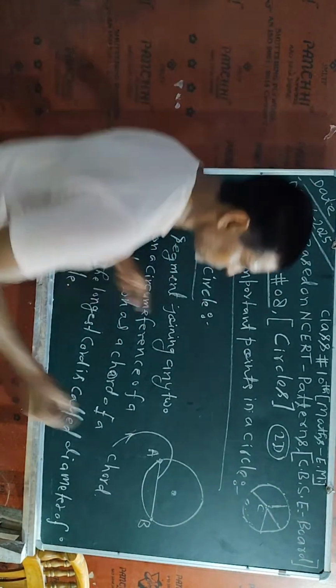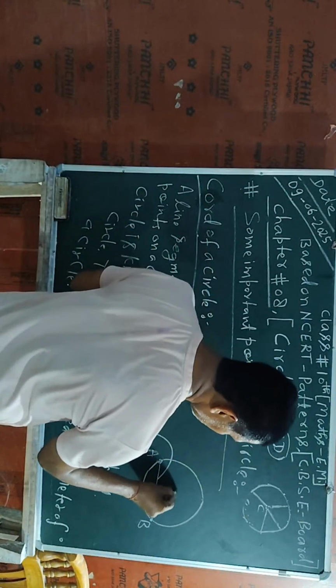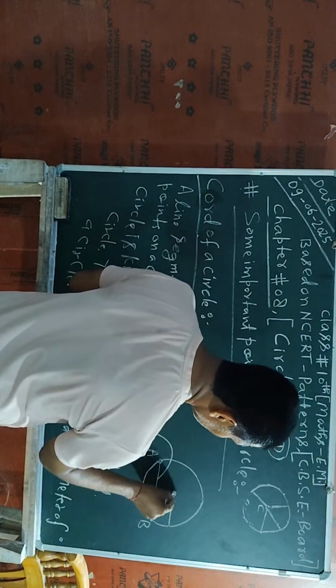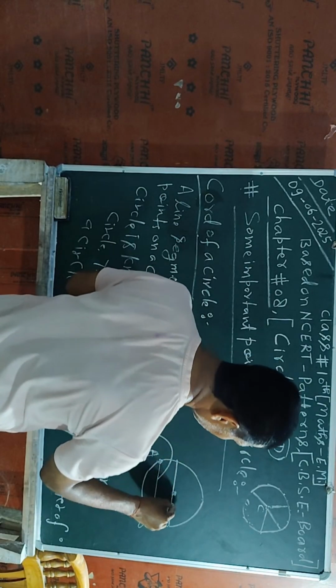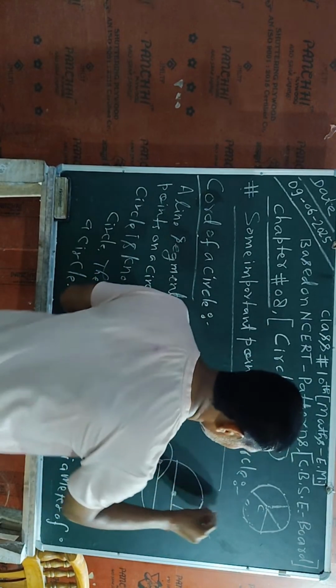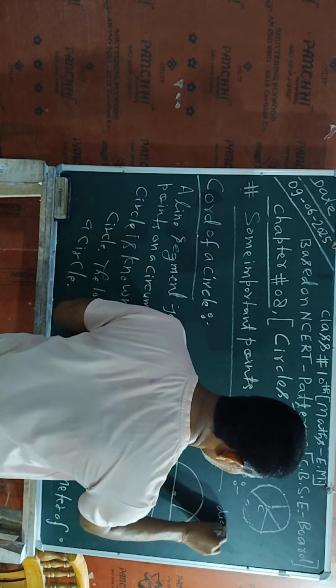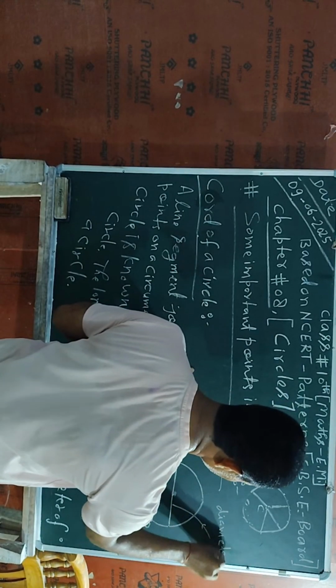So the longest chord will be this one. Any chord which passes through the center of a circle, I will call the diameter. So here I am going to write diameter.